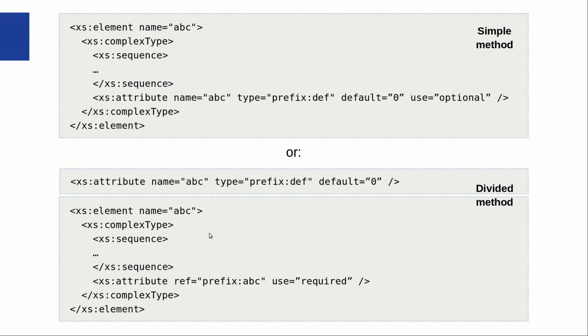You just refer to the globally declared attribute, and you can reuse it any number of times you want, and also use the use attribute here at the complex type attribute declaration.